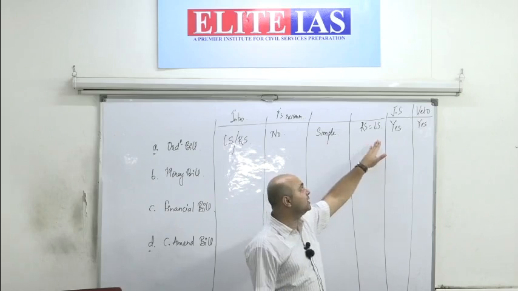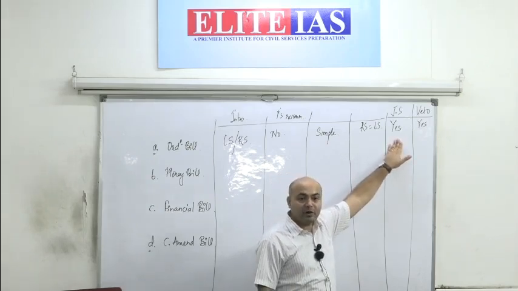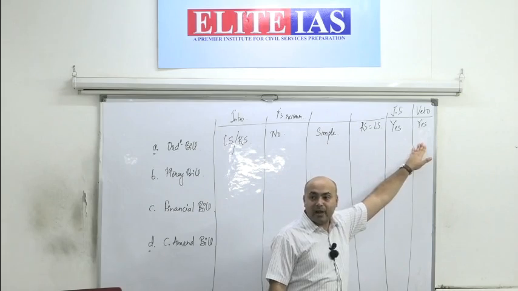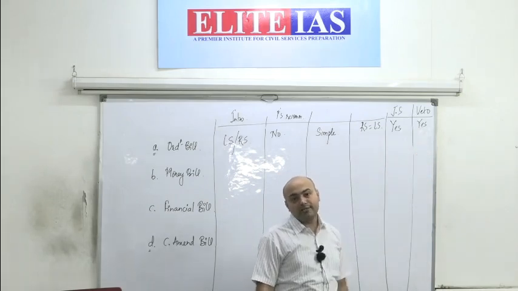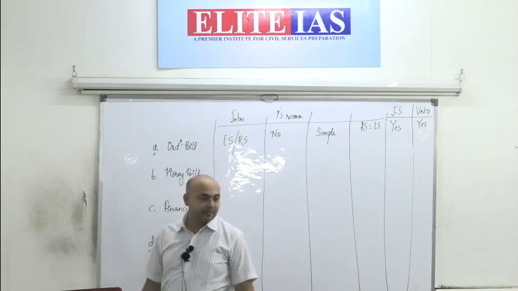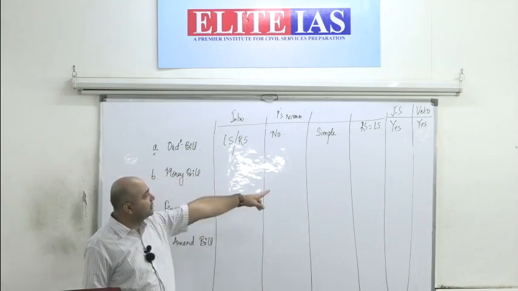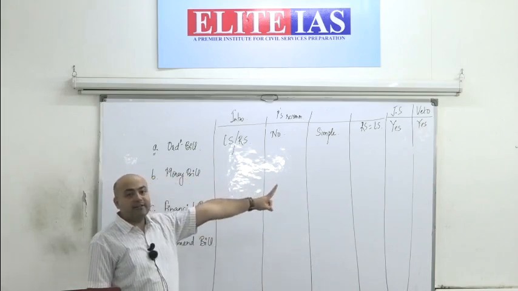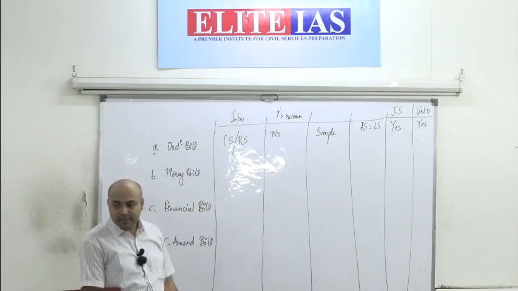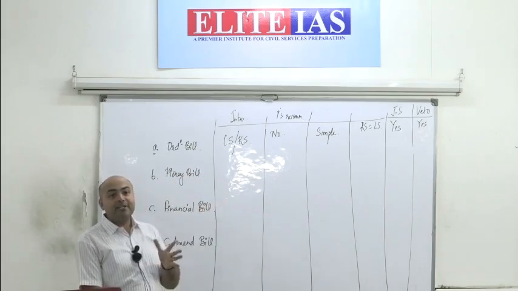If one of the houses rejects the bill, can a joint sitting be called? Yes, a joint sitting can be called. And once it has been passed by both the houses, does the President enjoy veto powers? Yes. Clear? If you know these 6 or 7 points that we have just discussed, you know what an ordinary bill is.